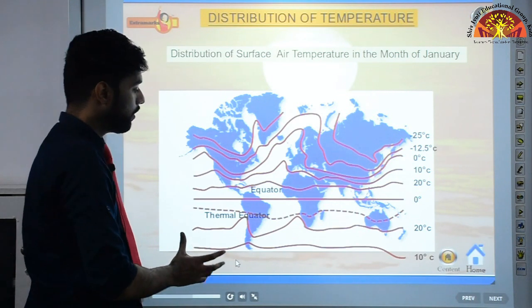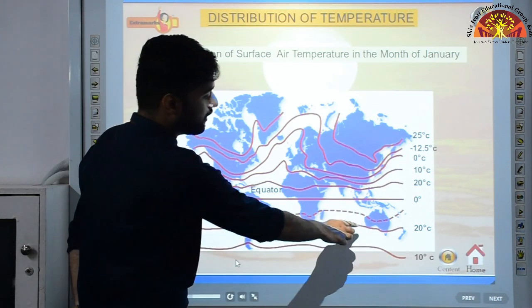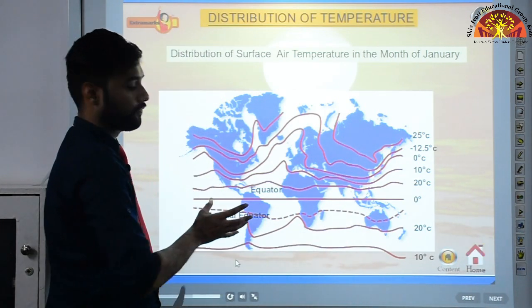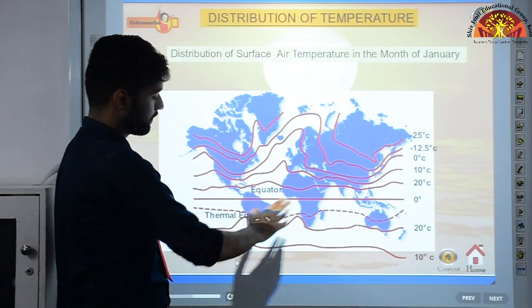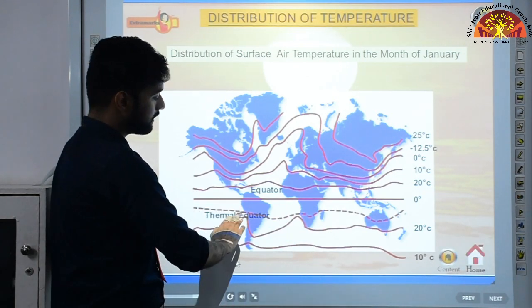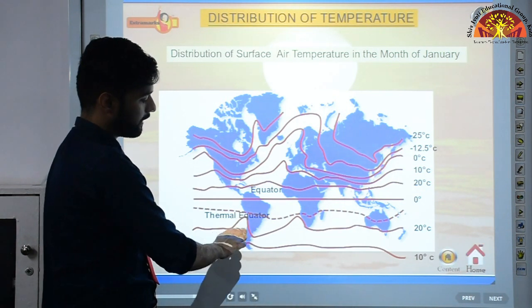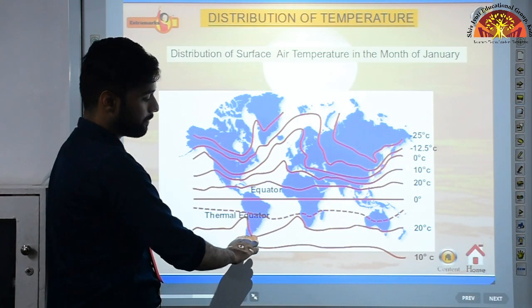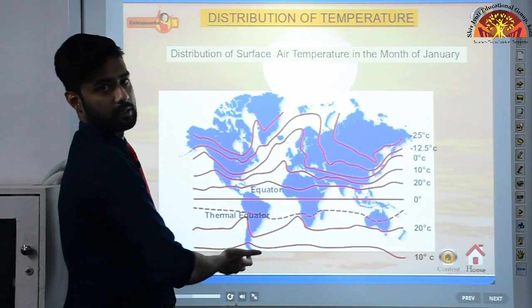In the southern hemisphere, you can see the variation only when the isotherms are crossing a part which is land. The 20 degrees Celsius isotherm in the southern hemisphere is almost parallel, but when it crosses the land part there is a huge deviation, and as soon as the land part is over, the temperature starts rising again because the sea is hotter.